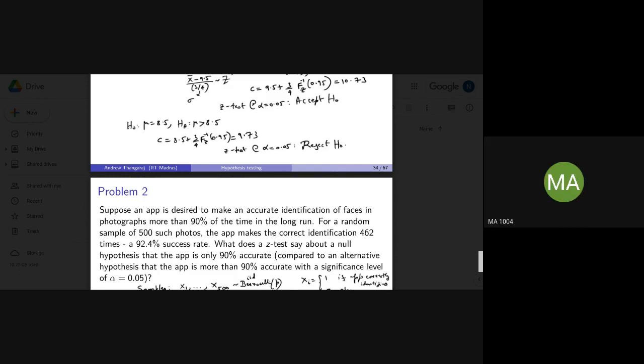What answer did you get for C? C is equal to F inverse of 0.95 into 0.3 by 10 by root 5 plus 0.9.